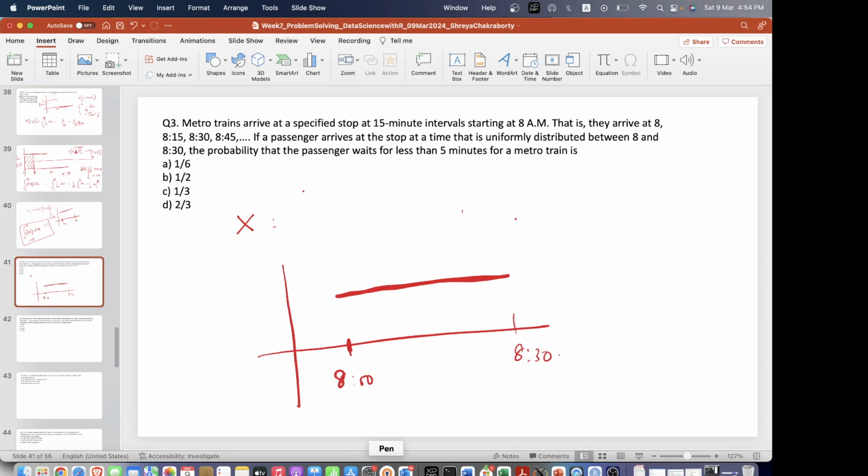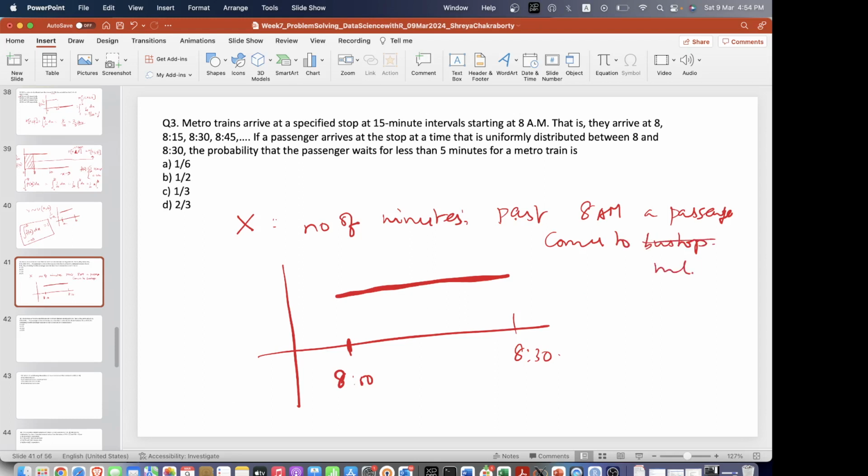Let x be the number of minutes past 8 am a passenger comes to the bus stop or metro stop.